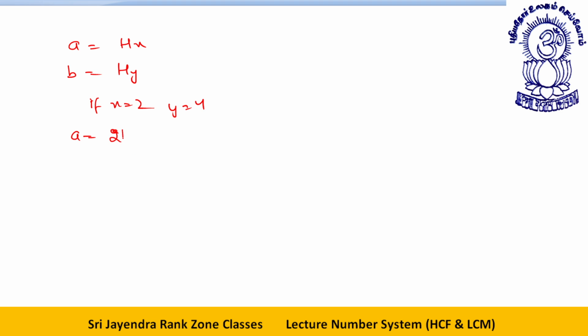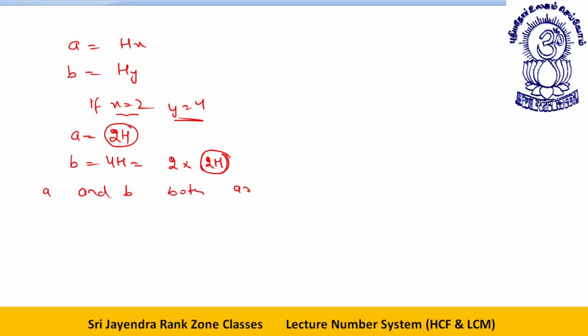A is equal to 2H, B is equal to 4H, or I can say 2 into 2H. Since X and Y both are divisible by 2, A and B both are divisible by 2H.